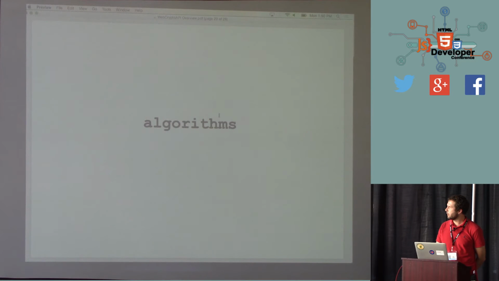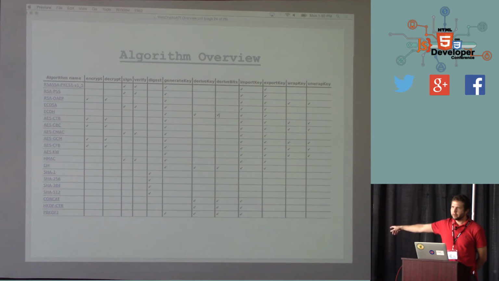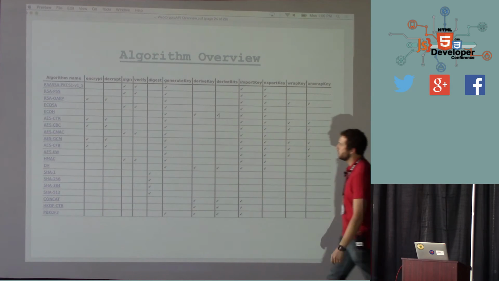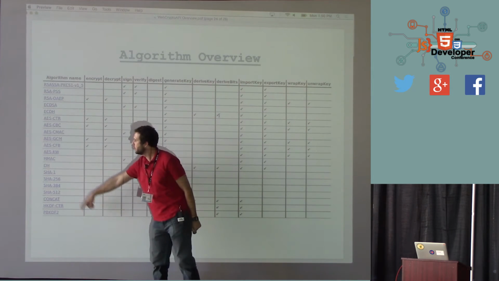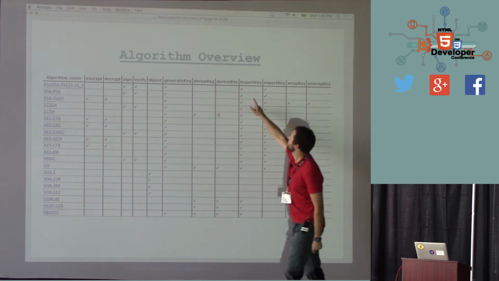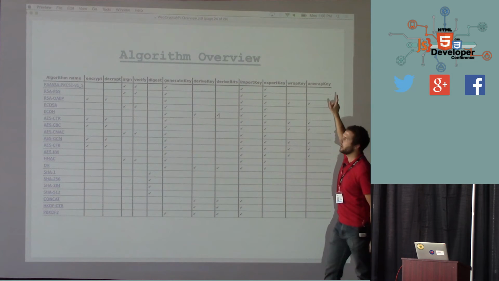All right, algorithms. I don't expect you to read this, but this is the image from the standard itself. It gives little checkboxes around which algorithm can use which type or which function on the API.